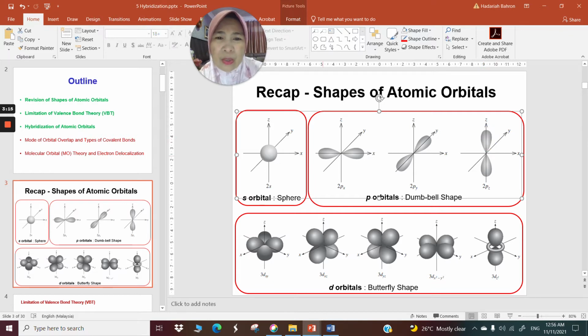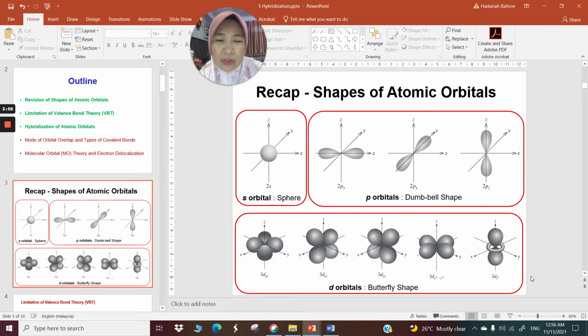So when you are combining all these px, py and pz, putting the atom right in the middle, you are going to have them perpendicular to each other, making some kind of an octahedral looking shape. So p orbitals are dumbbell shapes, and there are 3 orbitals, a set of 3.